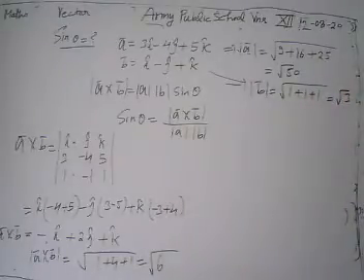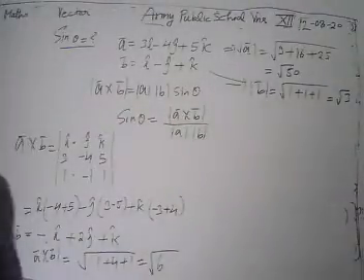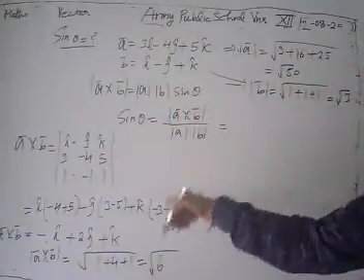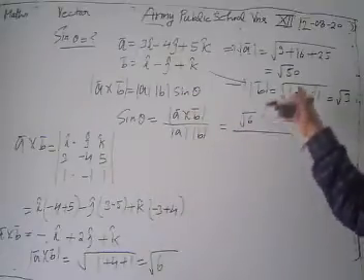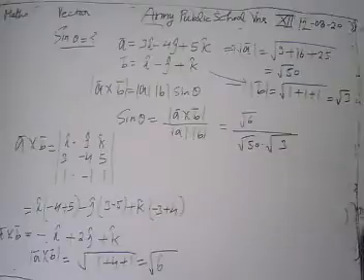Now look, we get all the values of A, B and length of A cross B. Now we have to find out sine angle. Then we are going to put all the values there. It's under root 6. Then the length of A is what? Under root 50. The length of B is what? Under root 3. Now look, we are going to find out our sine angle between them.